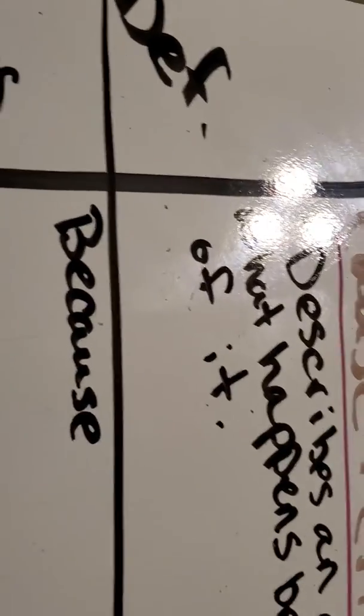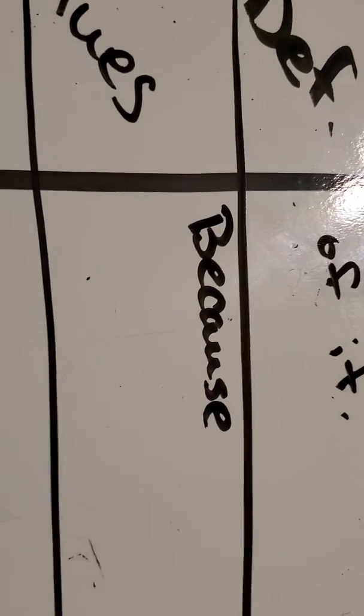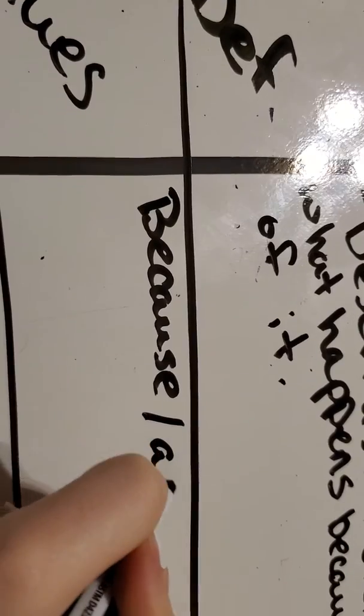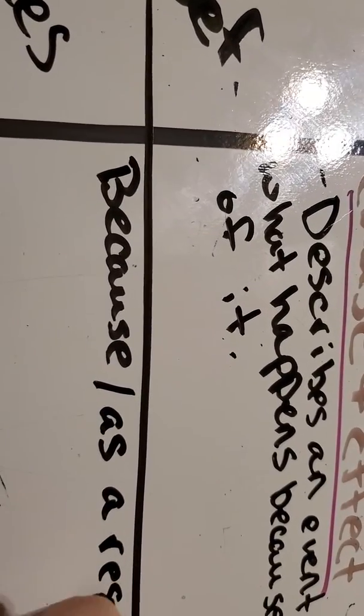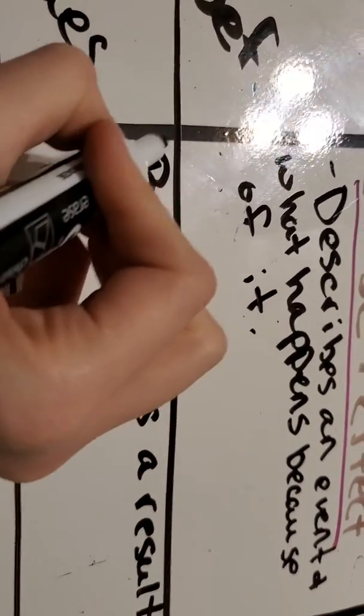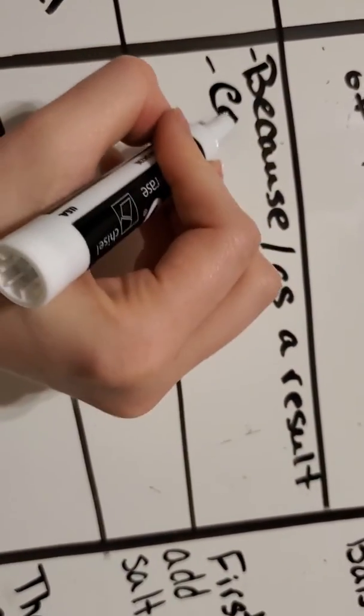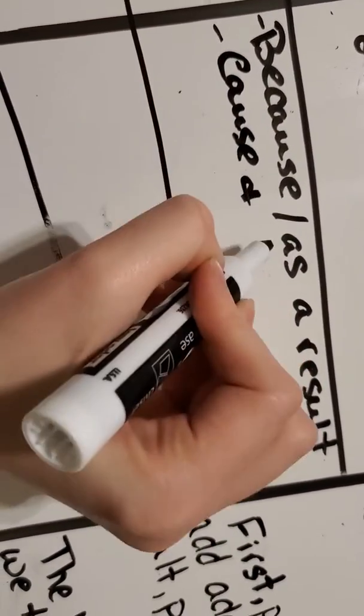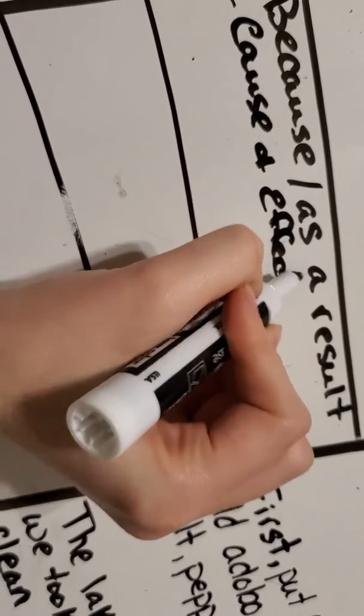Look for as a result. And then again, you guys, you have to just really use your thinking skills and look to see, do you see an event that is a cause and effects of it?